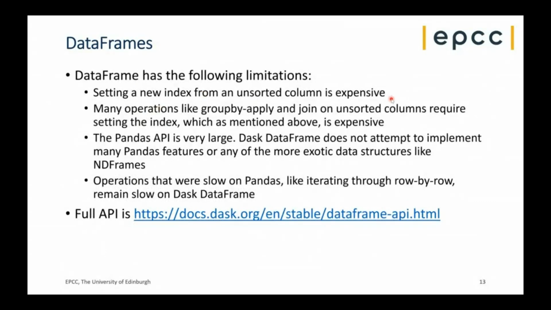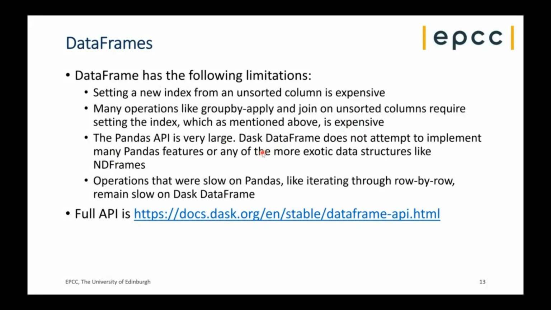But you have to be slightly careful with them because you split up your data frame now across multiple workers. Doing global operations across them all can be expensive. Things like setting a new index on an unsorted column can be expensive. Group by applies or joins on unsorted columns can be expensive.